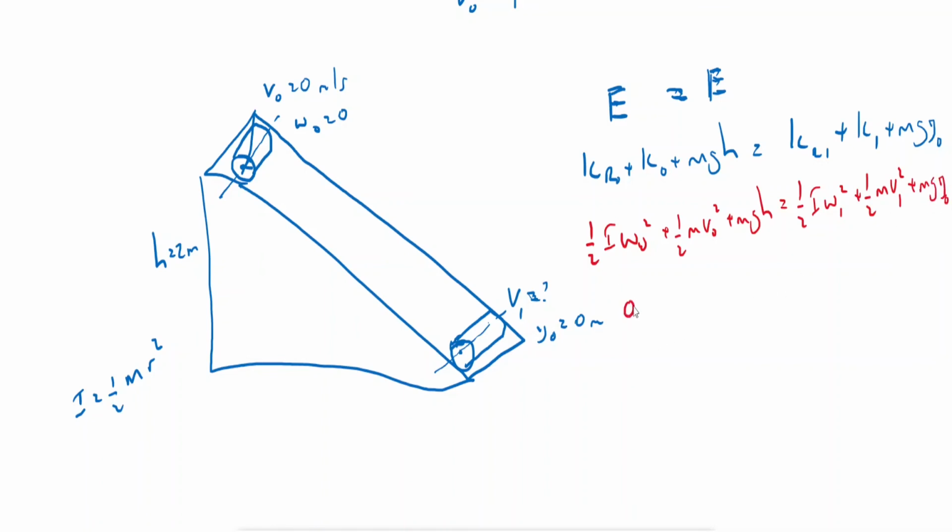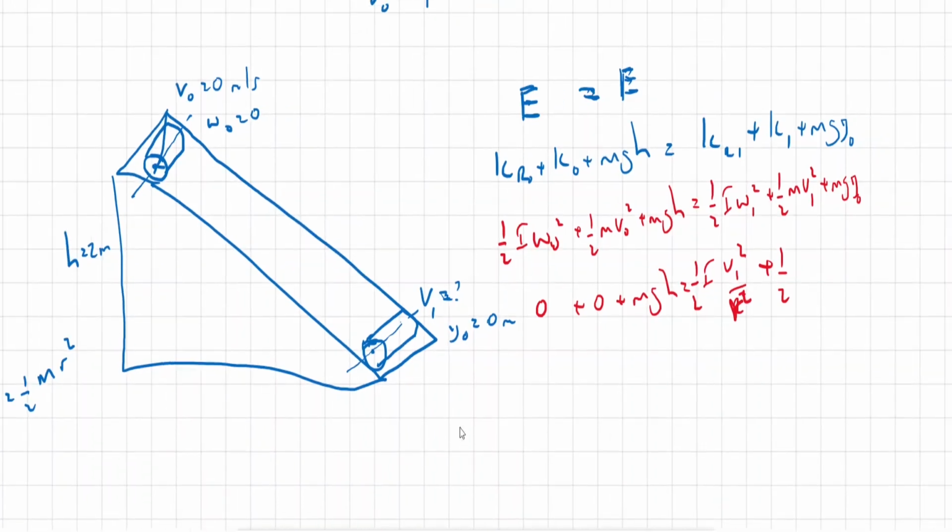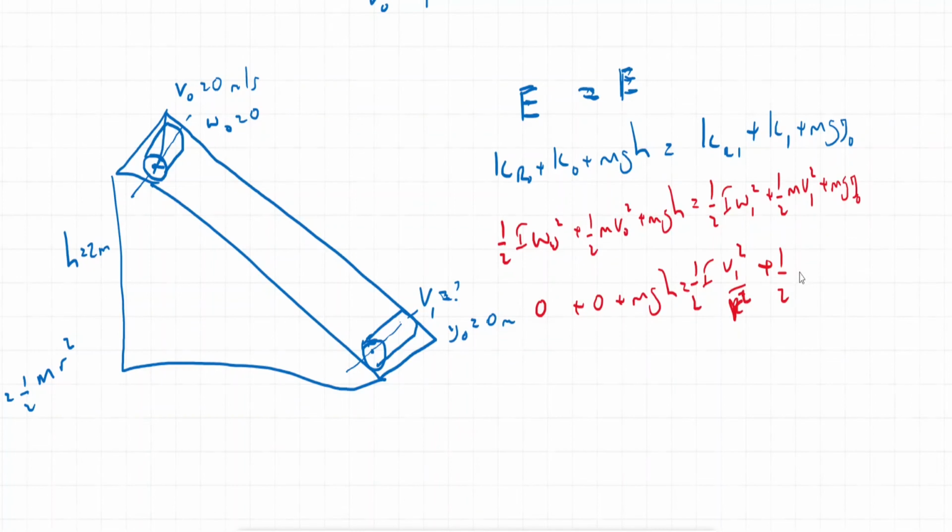So if I substitute, this is going to be 0 plus 0 plus mgh, equals half I, and then here I'm going to put v1 squared over r squared, plus half m v1 squared, that's what I'm looking for. This one is going to be 0.